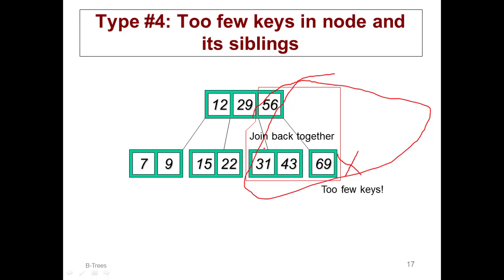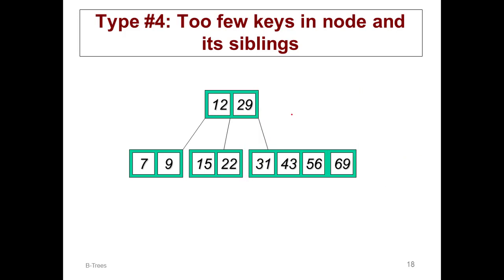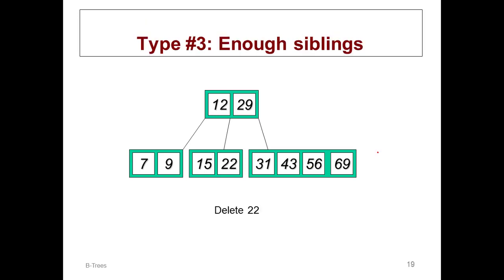So we join back together this portion, 31, 43, 56 and 69, like this, and make it a leaf node. On its right side it will look like this: 31, 43, 56, 69 and so on. So that completes the deletion in the previous slide.